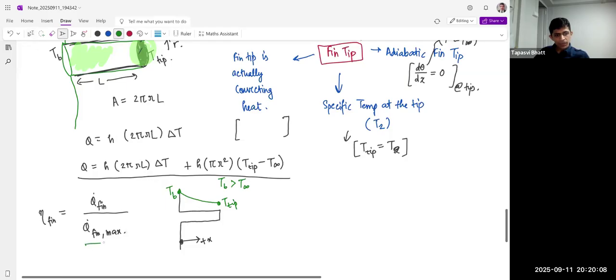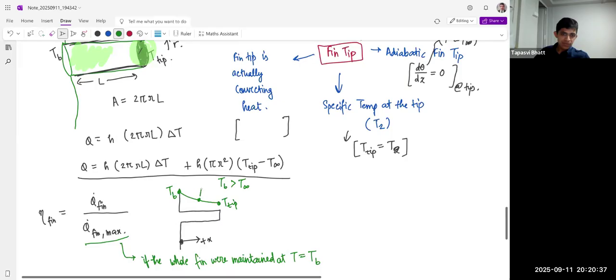Then what is Q dot fin max? It is if the whole fin were maintained at T equals TB. You can see that as we move away from the main source, the temperature keeps on falling.